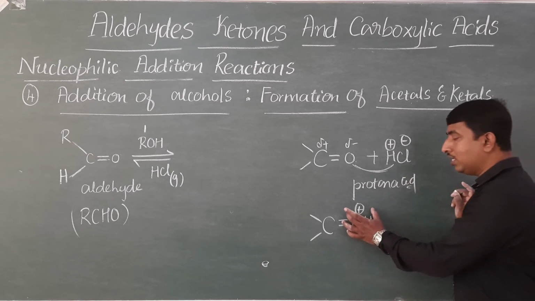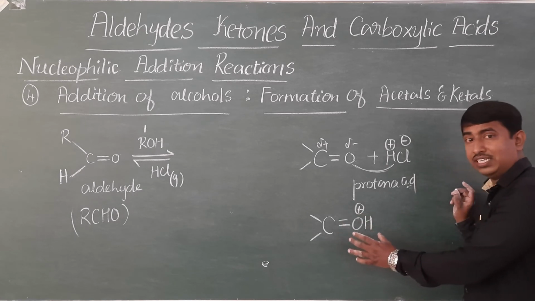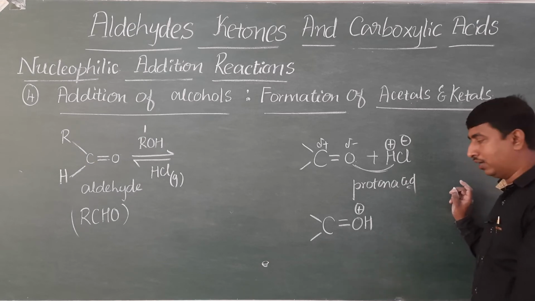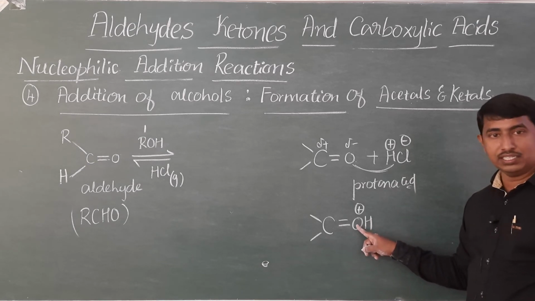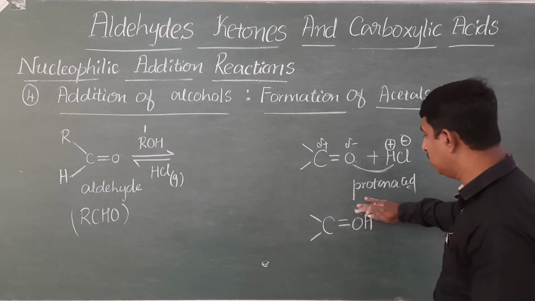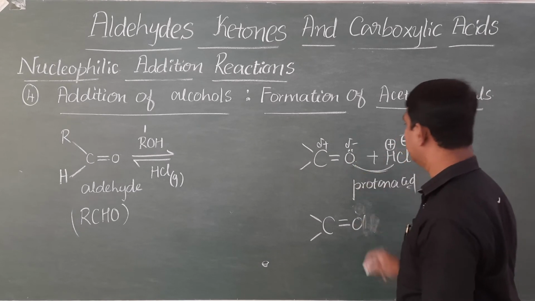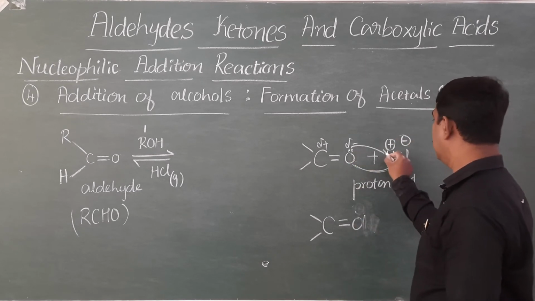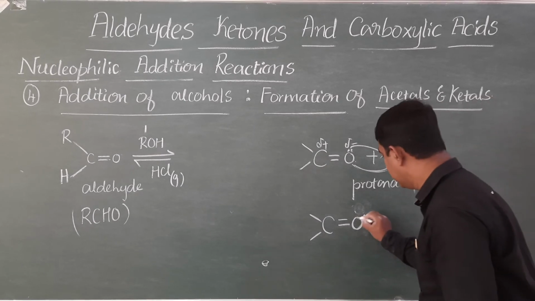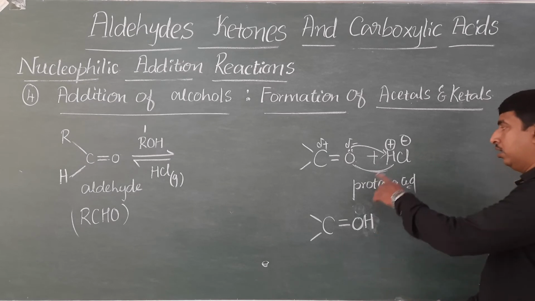So once positive charge is developed upon oxygen, we know that oxygen is highly electronegative. Its tendency is to accept electrons. How does protonation occur here? By donating a lone pair of electrons, it readily accepts H plus.